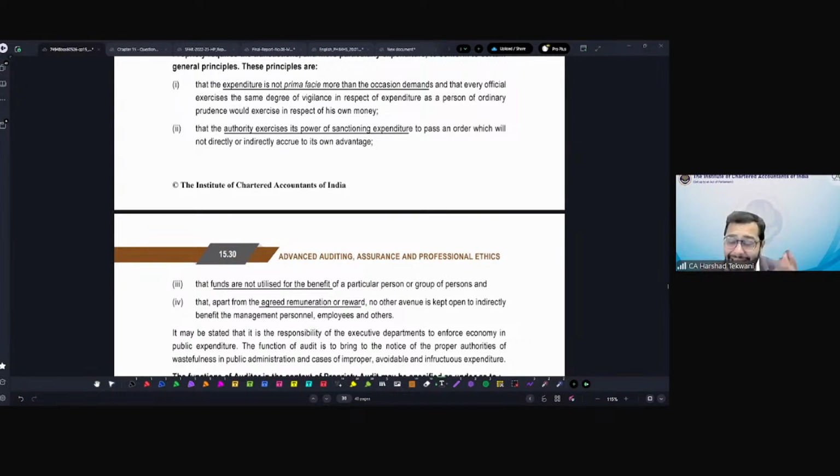Now, as I said, proprietary audit is basically not a much-followed concept here. The reason is that when it comes to the proprietary audit, it becomes very difficult to justify what is morally accepted and what is appropriate when it comes to the public interest. That is a very subjective concept.